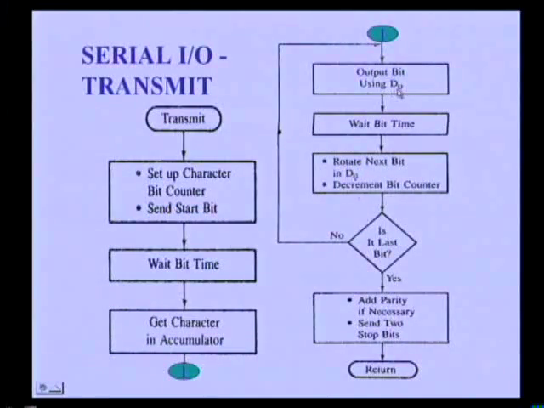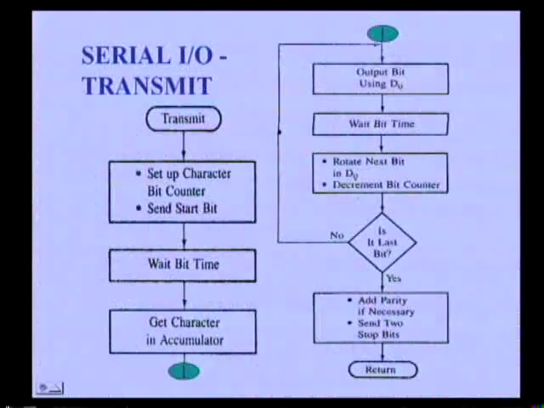Then output bit using D0, the D0 bit of the accumulator is transferred. Normally for this, first the D0 bit is transferred to the carry flag, and then that is transferred to the D7 bit of the accumulator in the next instruction, so that by using the SIM instruction we can transfer it through the SOD line.